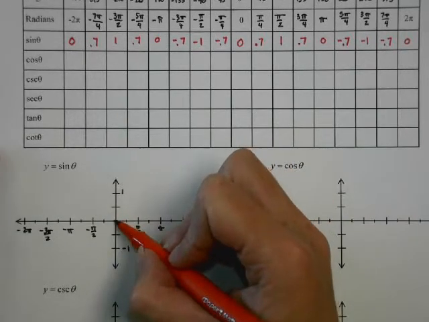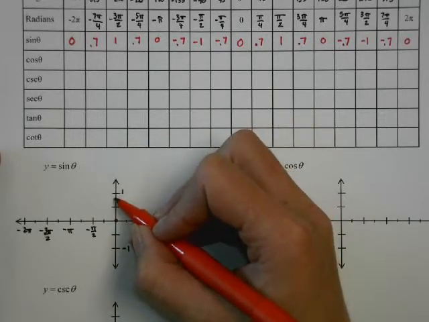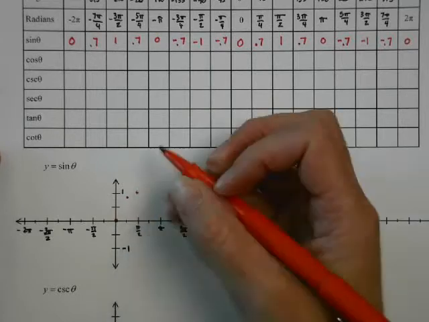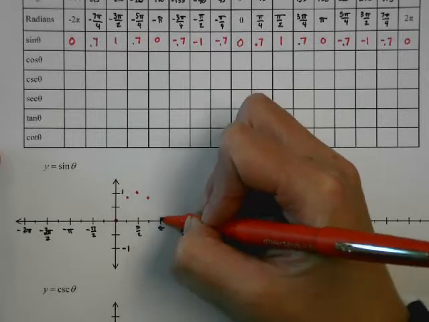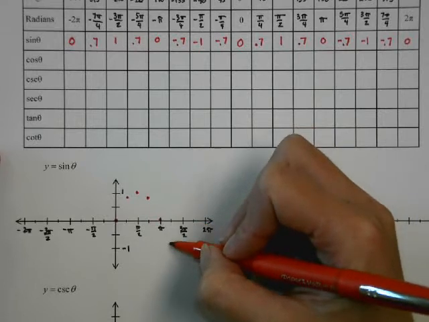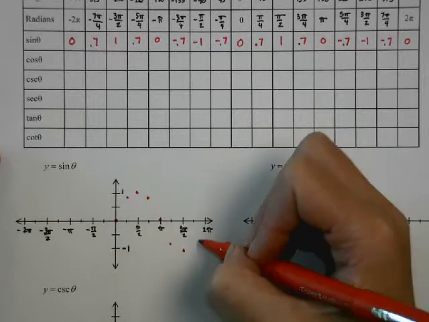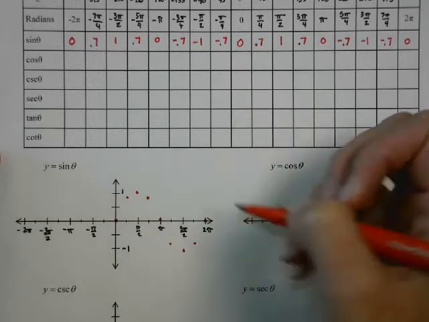So sine of 0, I'm going to start at 0, is 0. At pi over 4, we're at 0.7, so a little bit more than half here. Pi over 2, we're at 1. Then it starts going back down. So 0.7 to 0. We're at negative 0.7, negative 1, negative 0.7, and 0.